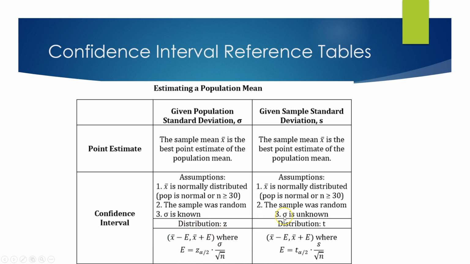If you do not have the population standard deviation, the t distribution is the distribution that the means will follow. And then you'll end up using these formulas down here. Now, the only difference that you'll see between these is that the critical value is t instead of z, and the standard deviation is the sample instead of the population standard deviation.